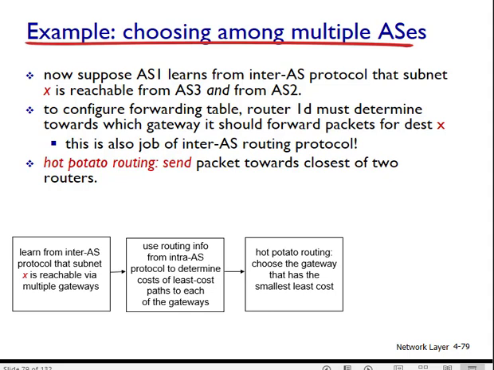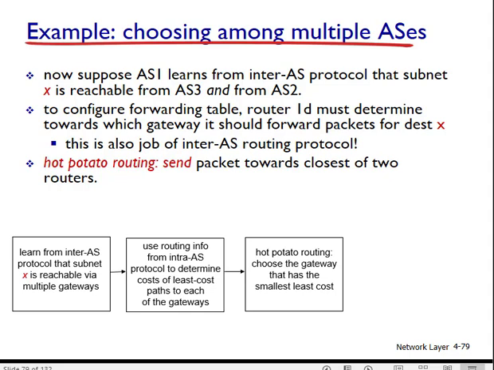One approach, which is often employed in practice, is to use hot potato routing. That's a real technical sounding name, hot potato routing. In hot potato routing, the autonomous system gets rid of the packet, the hot potato, as quickly as possible. This is done by having a router send the packet to the gateway router that has the smallest router-to-gateway cost among all gateways with a path to the destination.